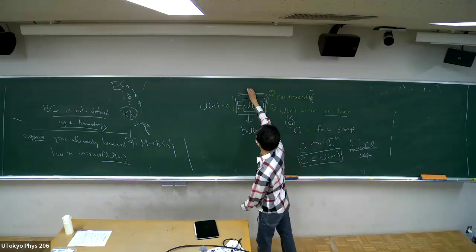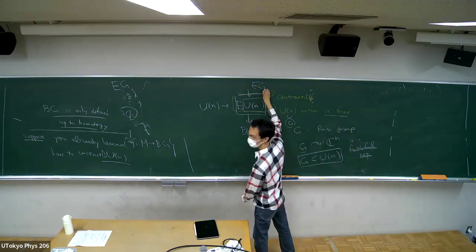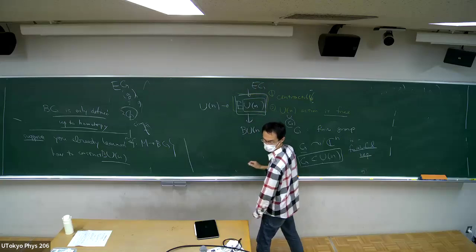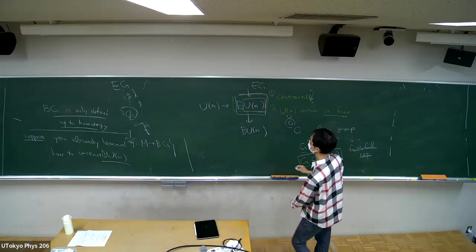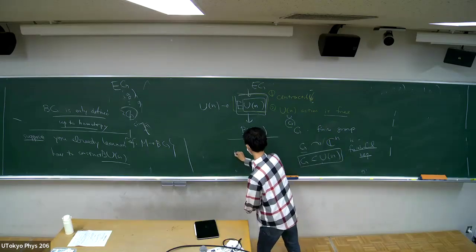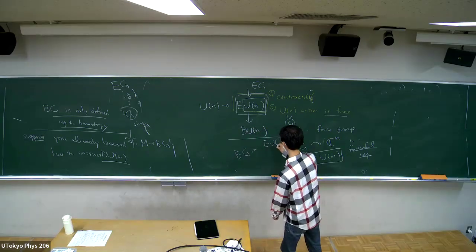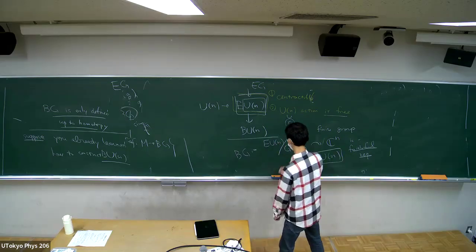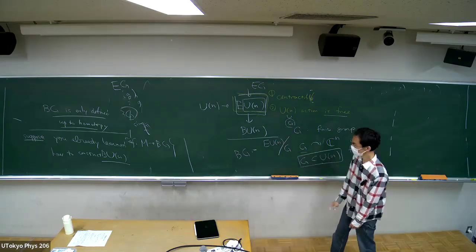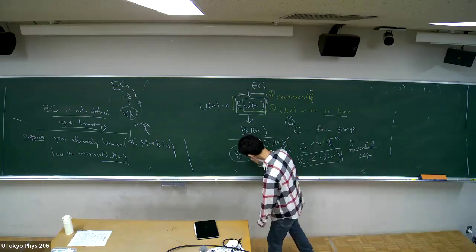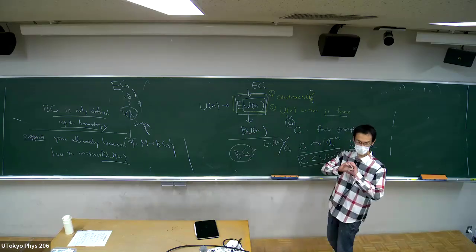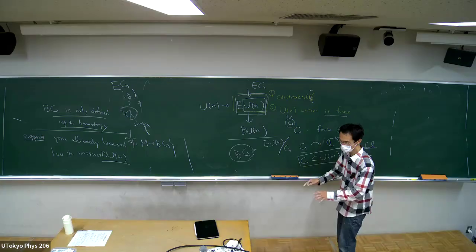So EUN is also an EG space. So in this way, you can construct BG for the finite group to be just EUN divided not by UN, but by G. So BG constructed in this way is a manifold.